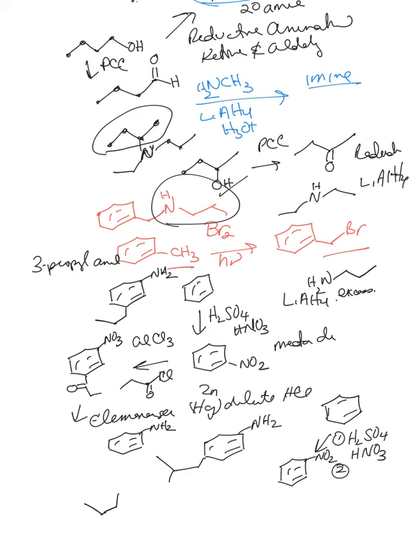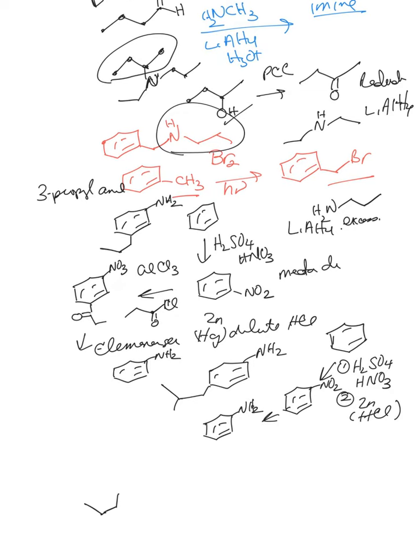But then the next thing you want to do is go ahead and reduce that with zinc and dilute HCl. So that's going to take it down to the amine because you need a para director. You need an activator. An amine would be a para director. So then you can react this in a Friedel-Crafts acylation, aluminum trichloride and your acyl group there.